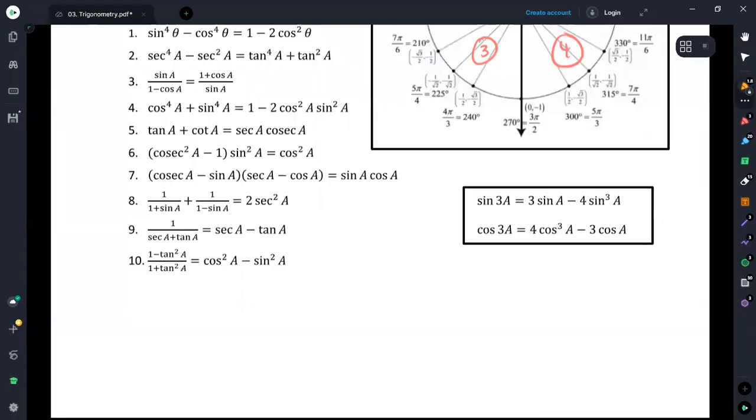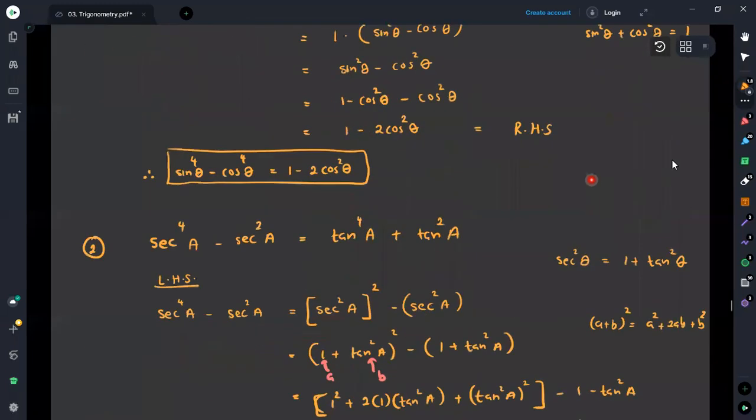Now we will move for the discussion of the 8, 9 and the 10 trigonometric identities, the proof of these. If I continue, we can take these quantities.